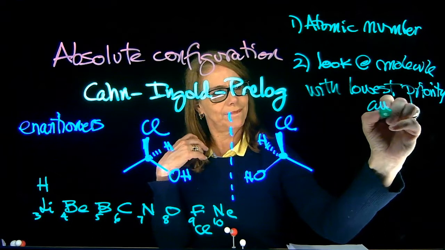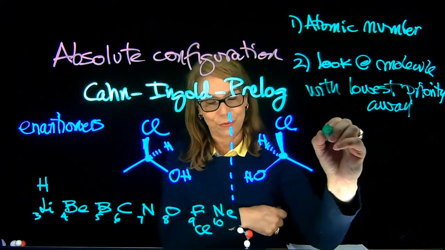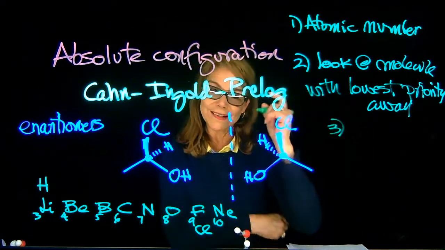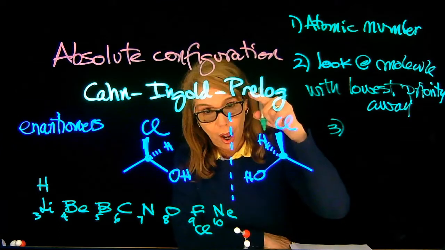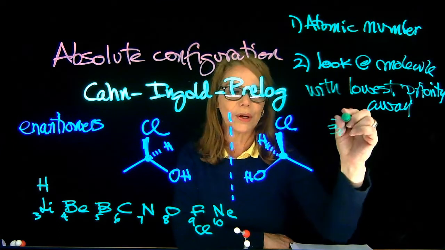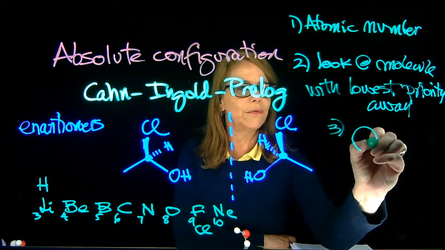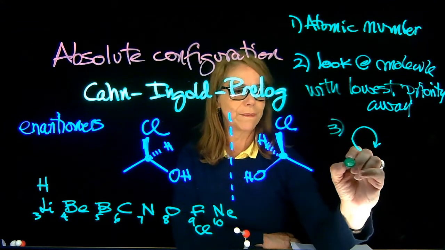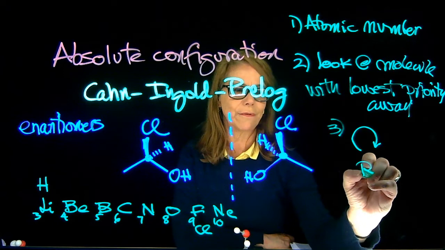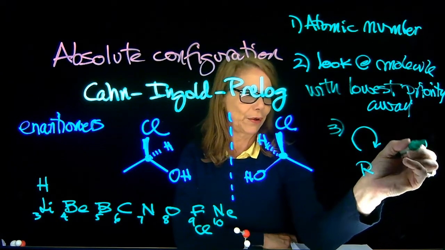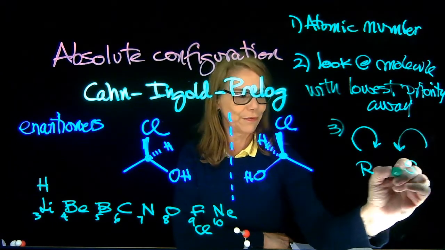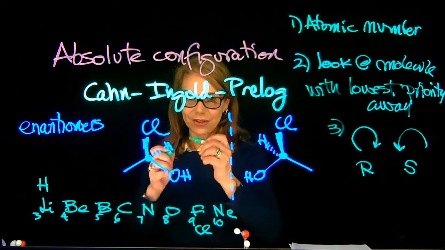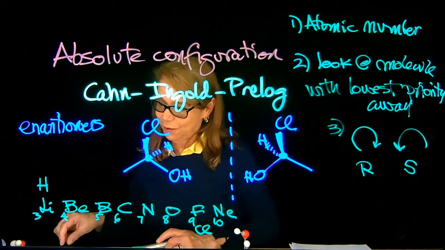And the last part of the rule is that we're going to go priority 1, priority 2, priority 3, and follow this. If we go 1, 2, 3 clockwise, then we say this is configuration R. If we go this way, this is configuration S.